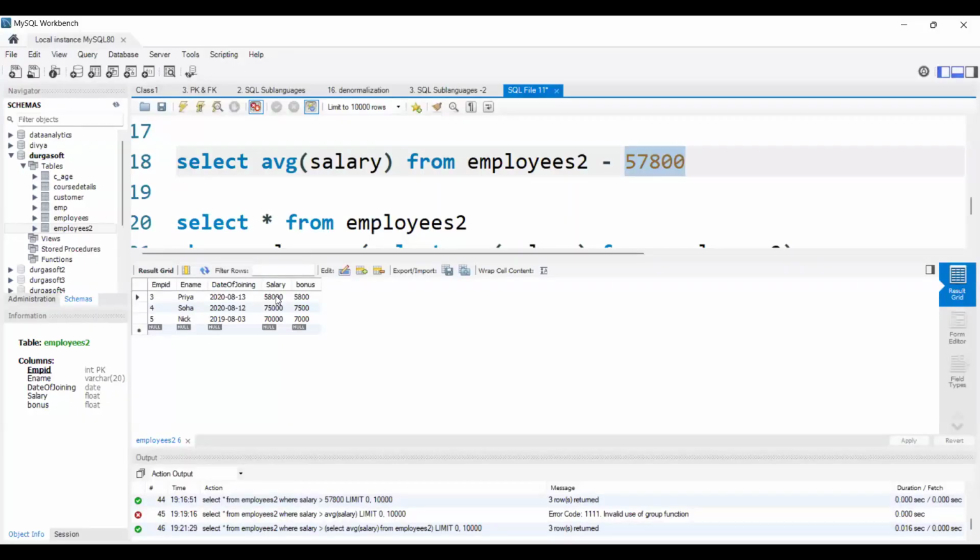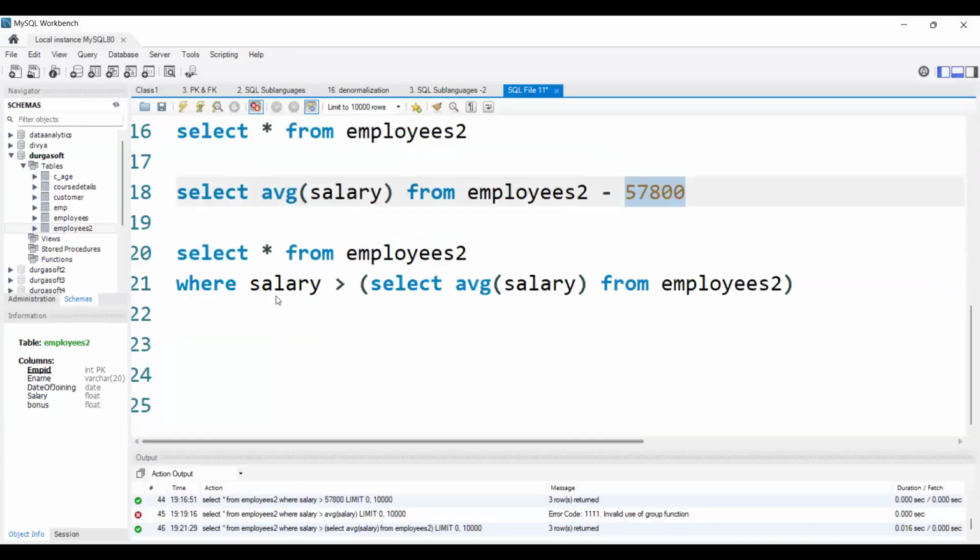Going forward, if my data changes, also no problem, because it will perform the average of the salary. We are not writing hard-coded values here. We are writing the queries here. So if some other rows are added also, it will first execute this query.